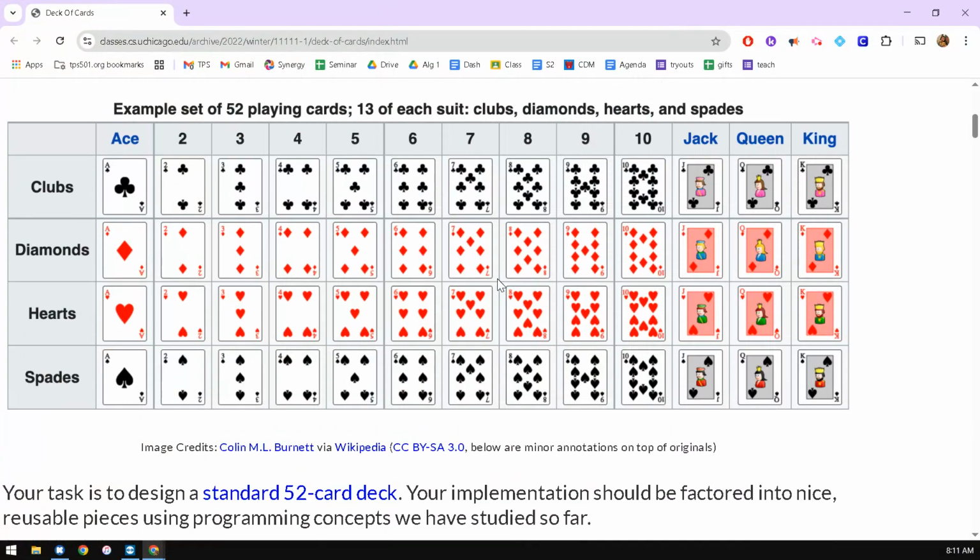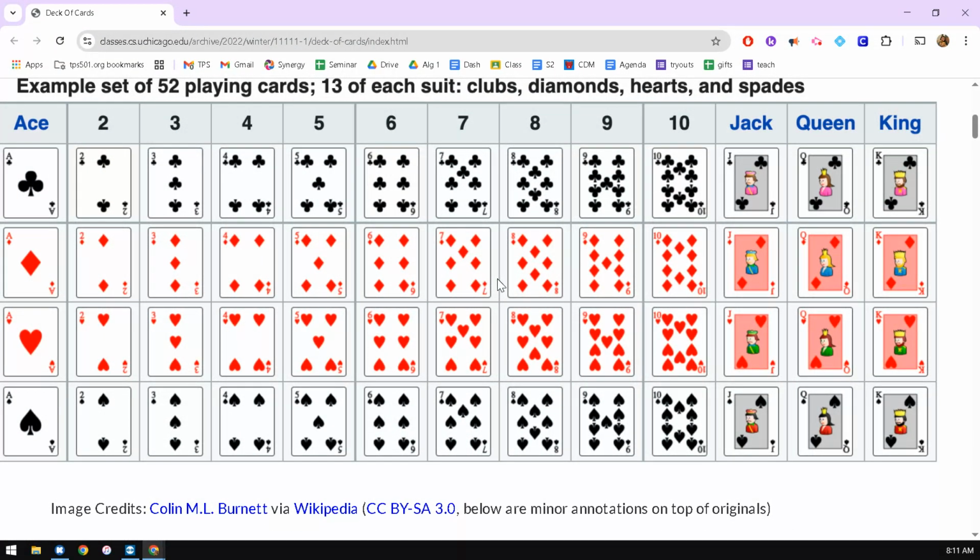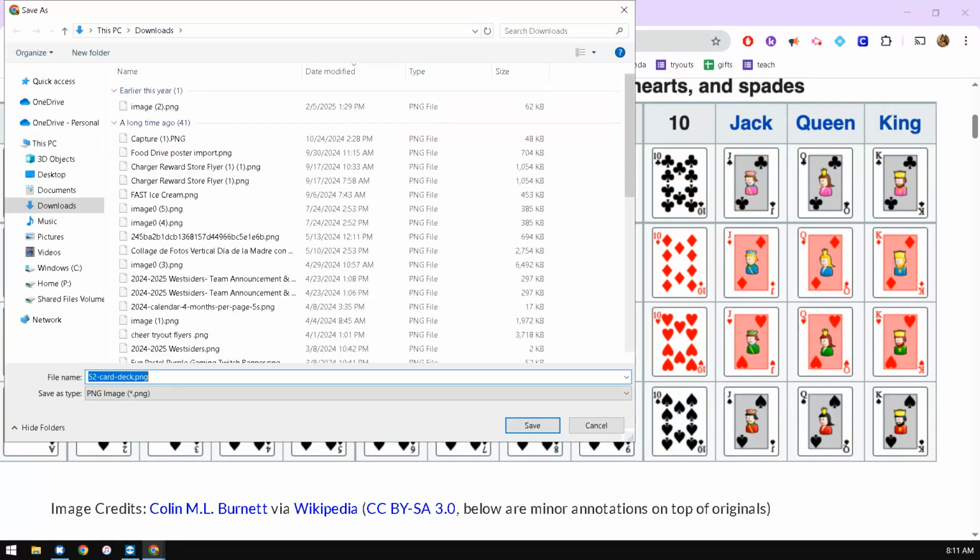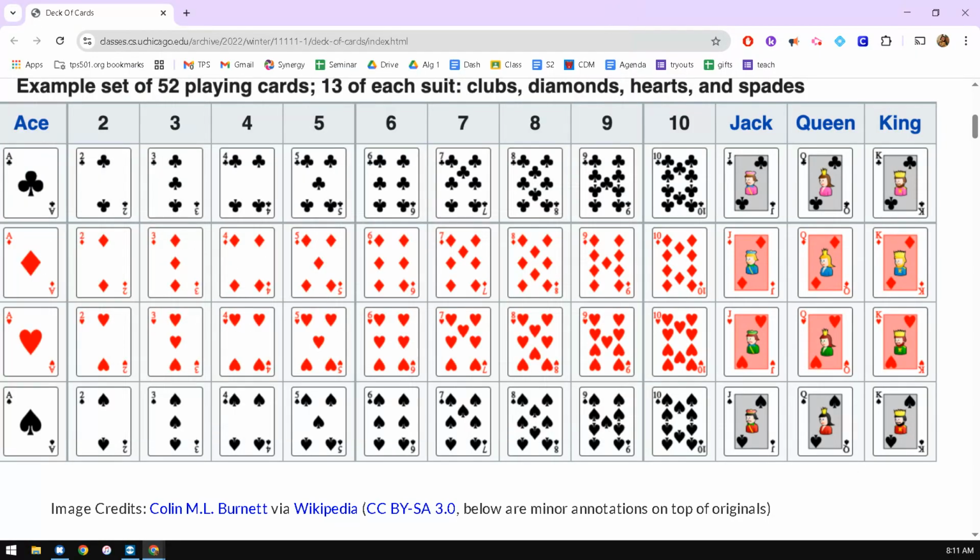Okay, so in a deck of cards, we have ace, 2, 3, 4, 5, 6, 7, 8, 9, 10, jack, queen, king. So each suit has 13 cards. The odd numbers are 3, 5, 7, and 9. So 4 out of every 13 of those have an odd number on them.